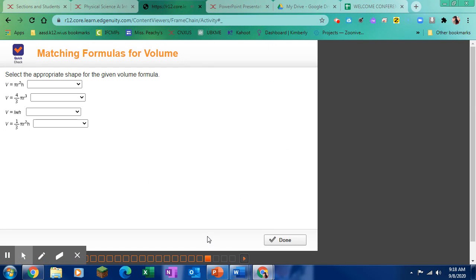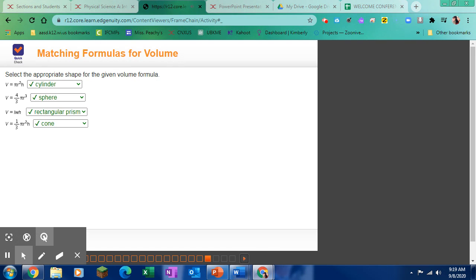Review the formulas for calculating volume. The volume of a rectangular prism is calculated by length times width times height.